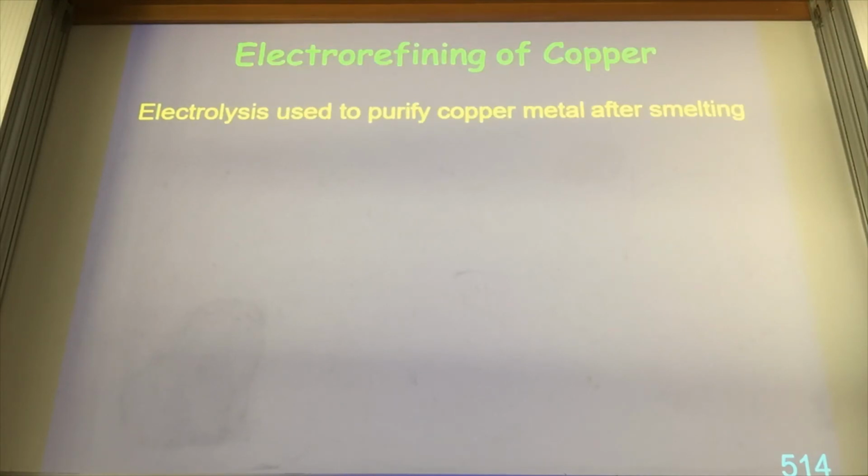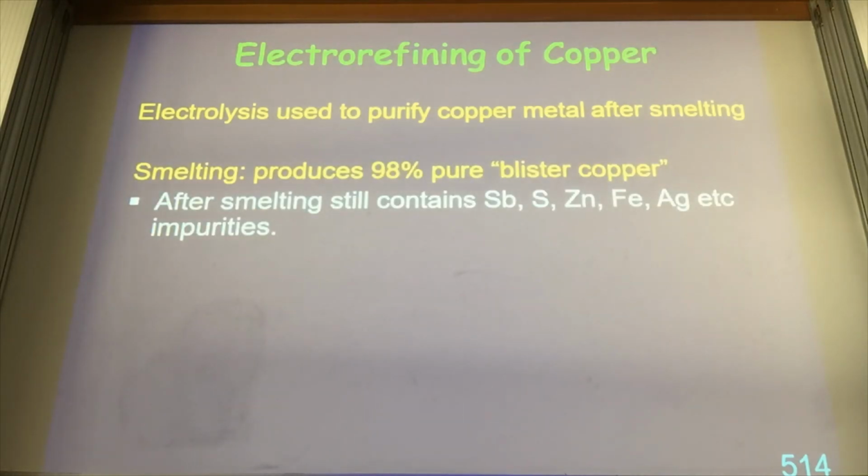The last of the electrolytic processes that we look at is a very neat way of purifying copper. So when copper is being produced from copper ores, the first step is a chemical smelting process which produces an impure blister copper, 98% pure, and that is just not good enough for most applications.